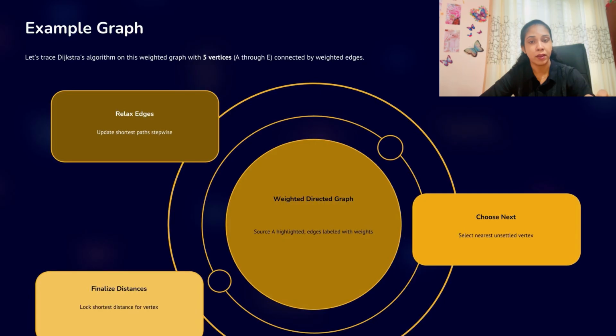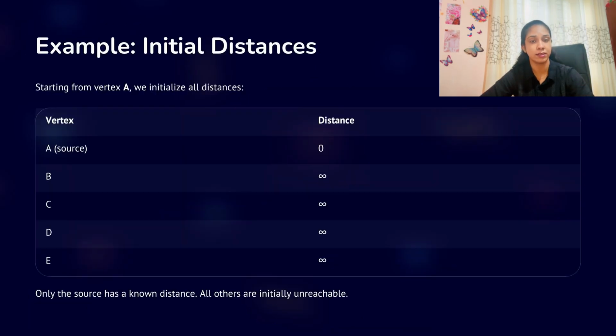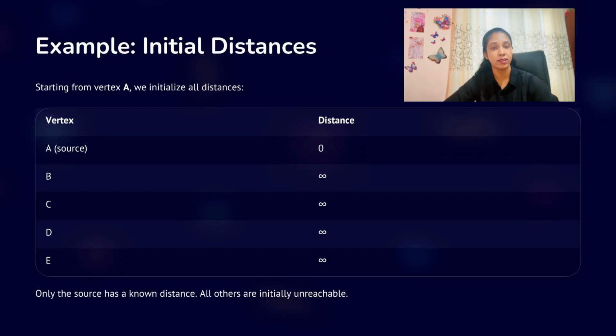We will apply Dijkstra's algorithm step by step to find the shortest path. Example, initial distances. At the beginning, A has distance 0 and all other vertices have infinity. Only the source is known initially.